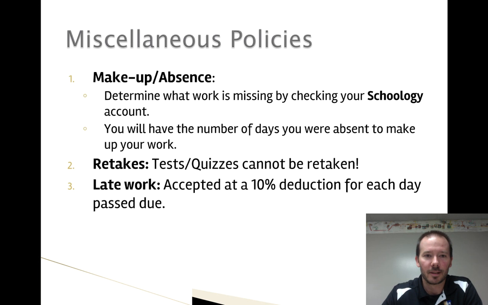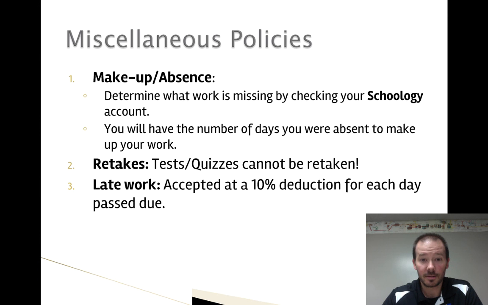All right, some miscellaneous policies. If you're absent, you can find out what's missing by checking your Schoology account. Like this website that we're going to be using will let you know what you're missing. And also, we have a new grading program called RenWeb. You can check your missing work there as well. And then, as far as making up work if you've been absent, basically, if you were gone 2 days, you have 2 days to make it up.